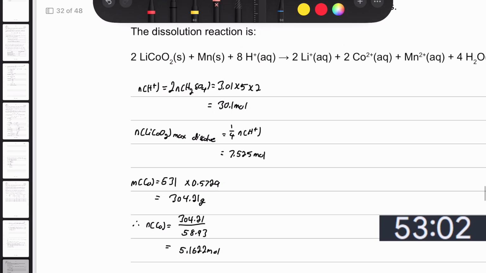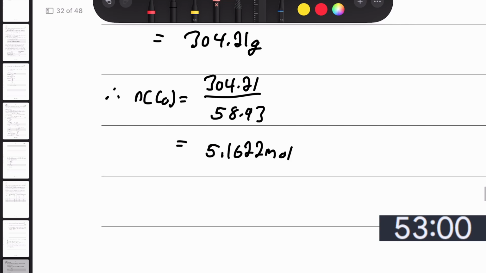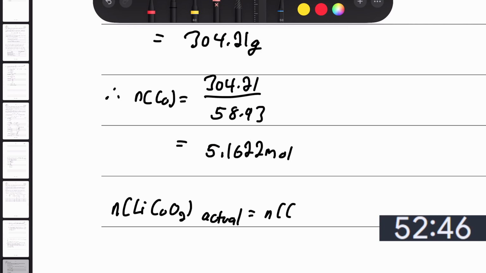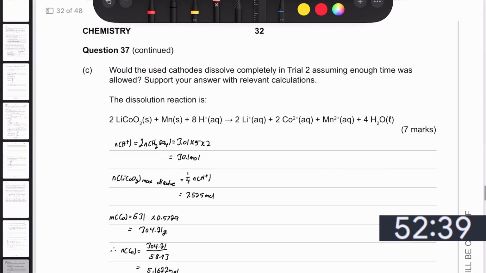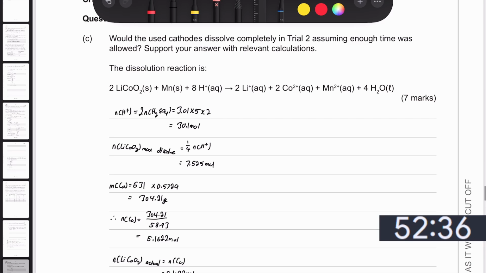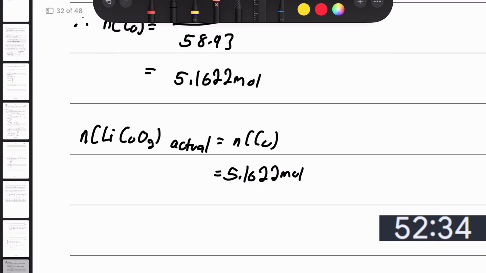So then the number of LiCoO2 actual has to equal the number of cobalt moles, as the number of lithium cobalt oxide actual.